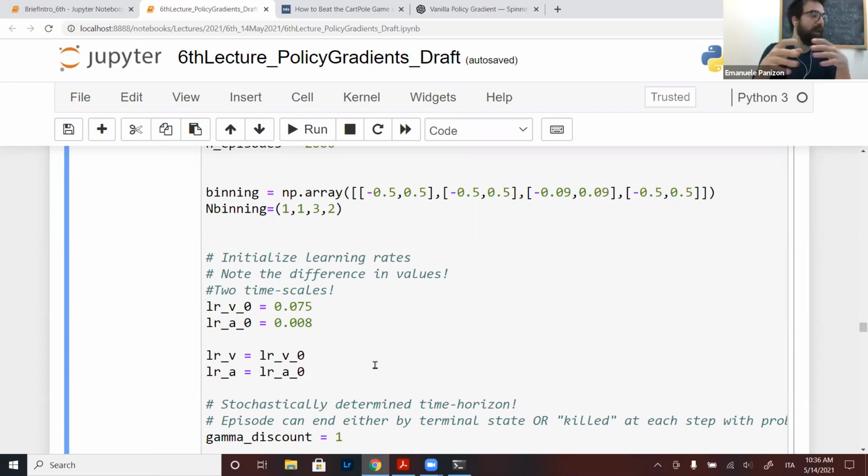So generally speaking, you don't need to arrive at convergence. You do the smallest system possible. You do only a fraction of the time, and you try to keep the trajectory of values and policies.